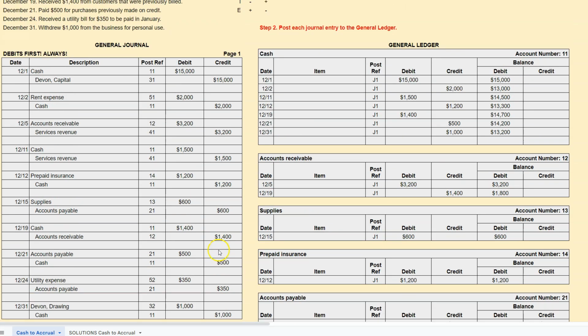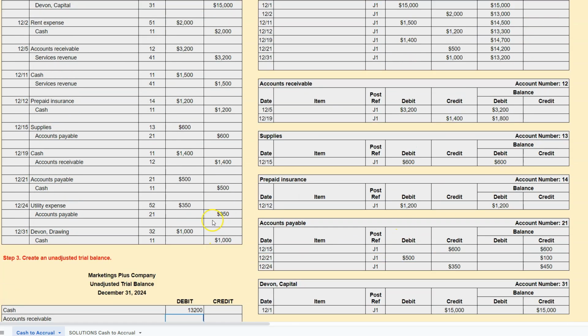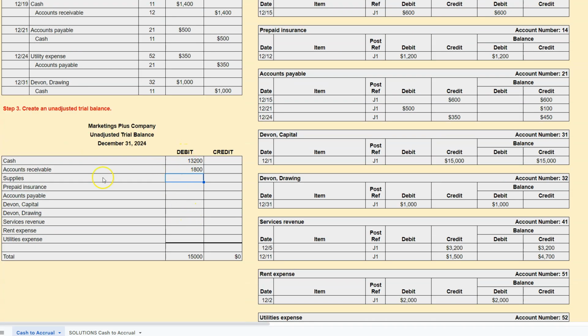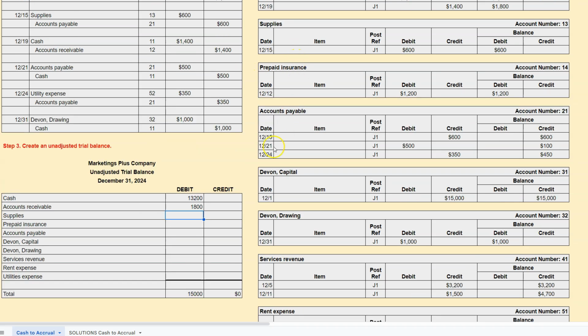Accounts receivable had a balance of 1,800 debit. So 1,800 on the debit side. Supplies had a debit balance of 600. Prepaid insurance had a debit balance of 1,200. Accounts payable has a credit balance of 450.